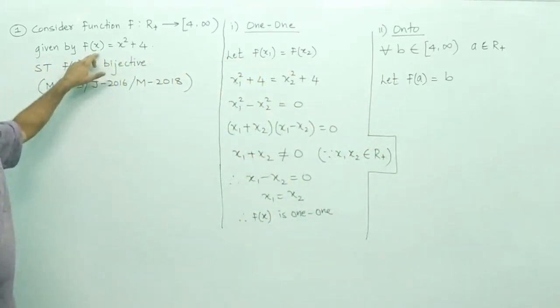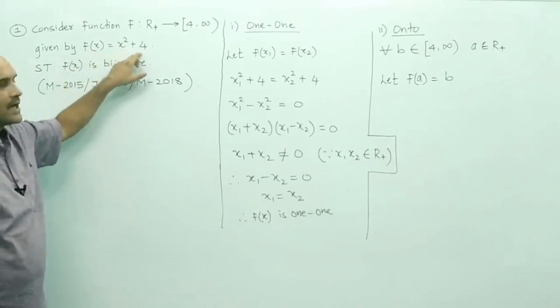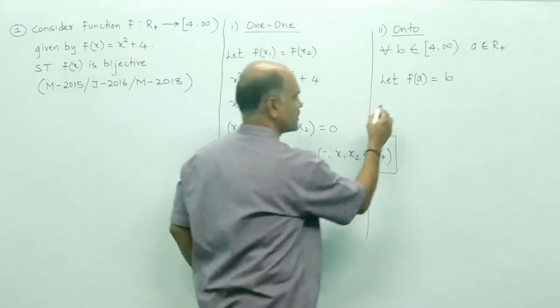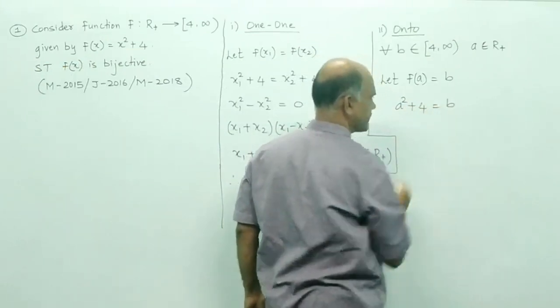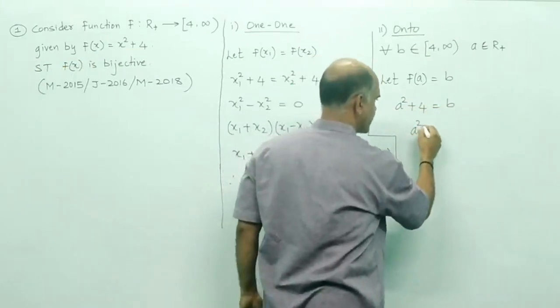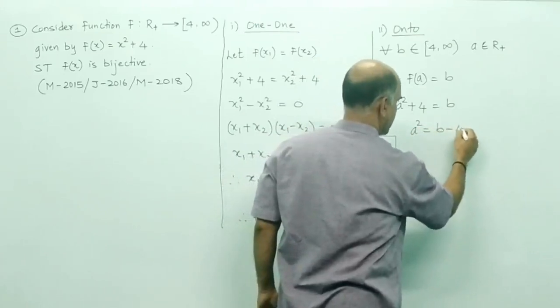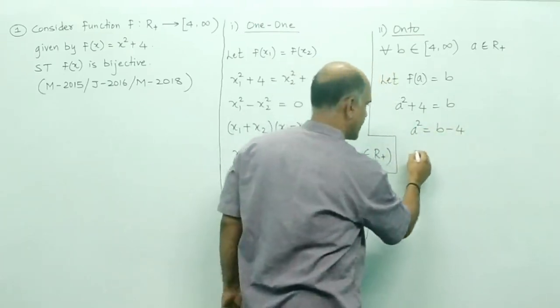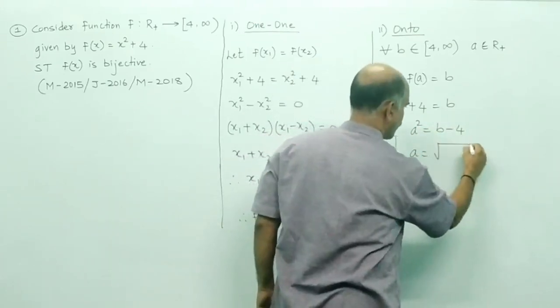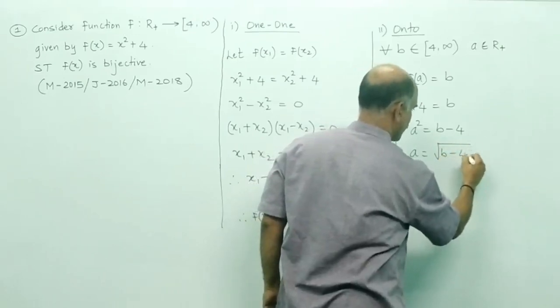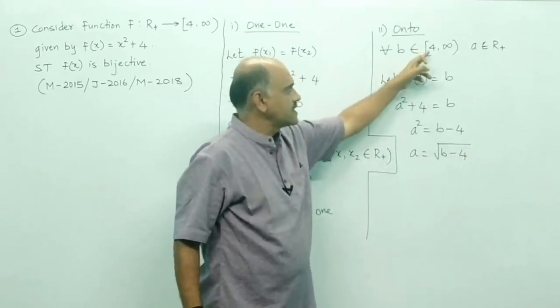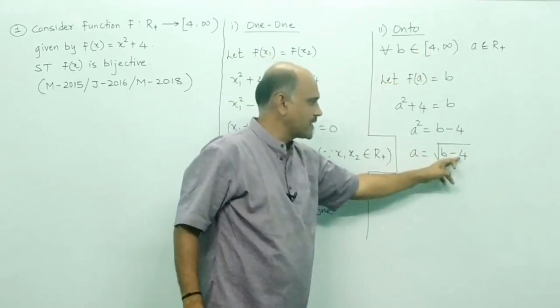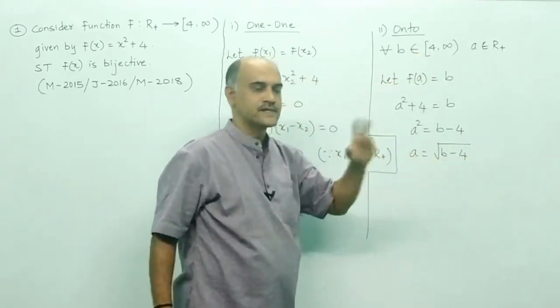So f of a, if I substitute, I will have a square plus 4. Therefore a square plus 4 is equal to b. Therefore a square is equal to b minus 4. Therefore you will have a is equal to root of b minus 4. Now you can check. b starts from 4. So 4 minus 4 is 0, a is 0.